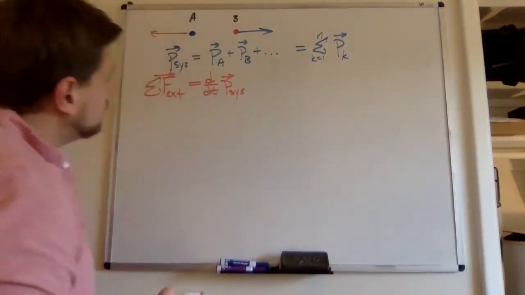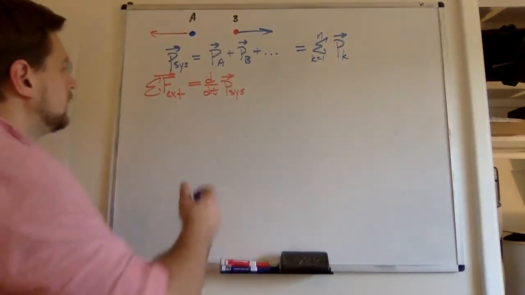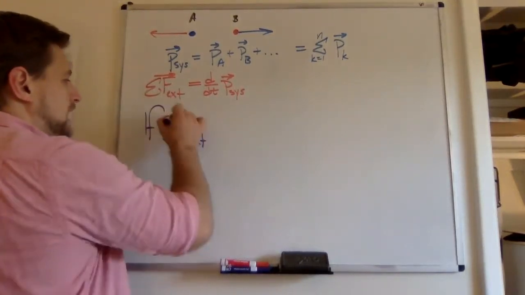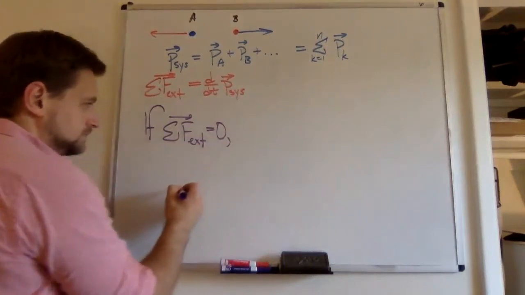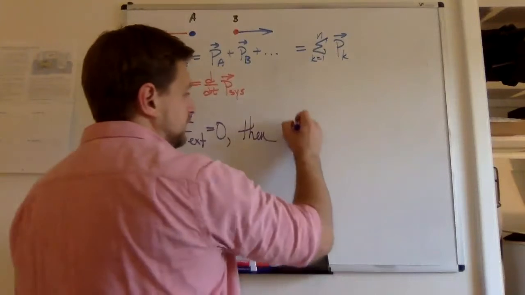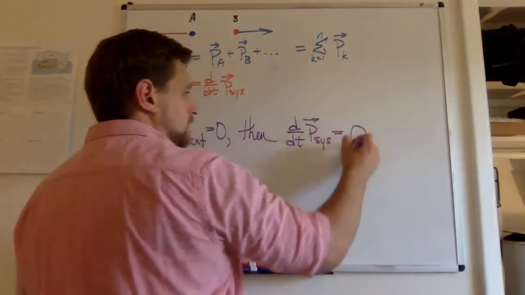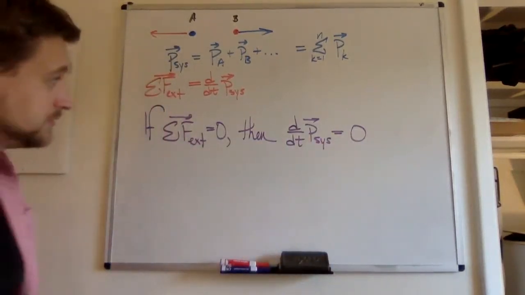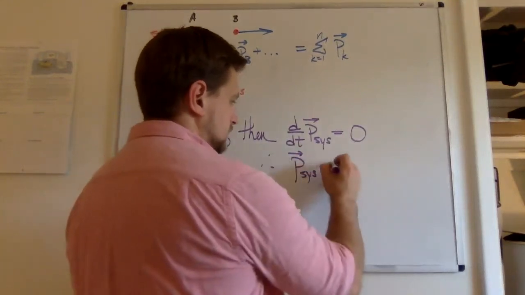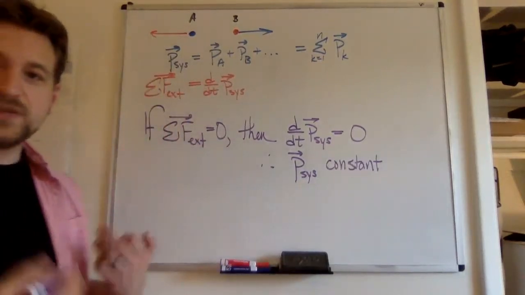If we were able to claim with some evidence that the net external force acting on a system is zero, then this statement requires that the derivative of the system's momentum be 0. In other words, that the momentum of the system must be constant.